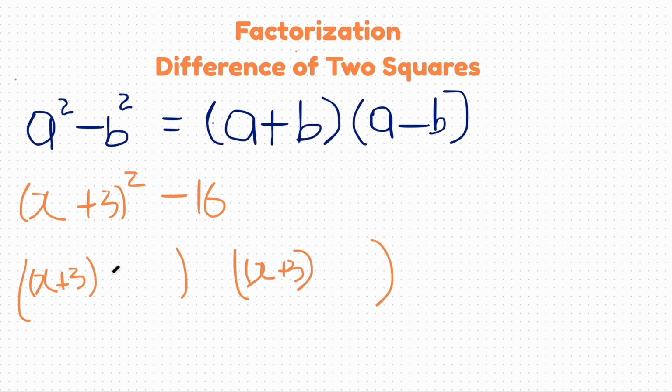We need our signs. Put our plus sign here. If we put the plus there, then we put minus over here. Then we find the square root of our second term, the square root of 16. What multiplied by itself gives us 16? That's 4. So we put our 4 here, and we put our 4 there. And that would be our answer.